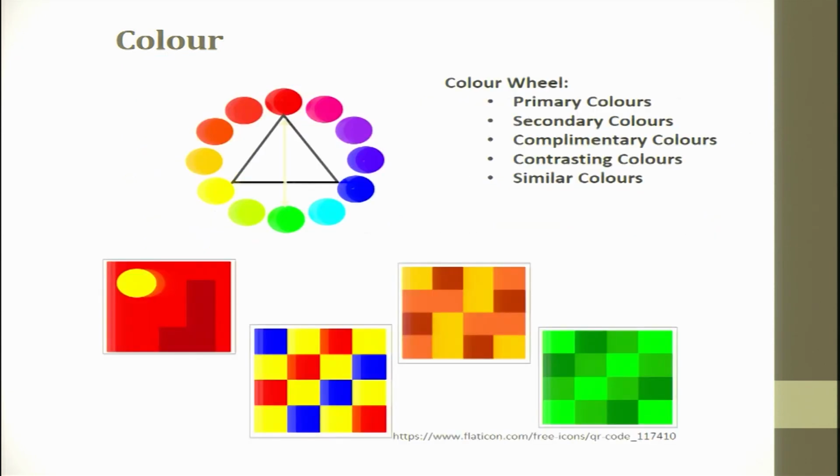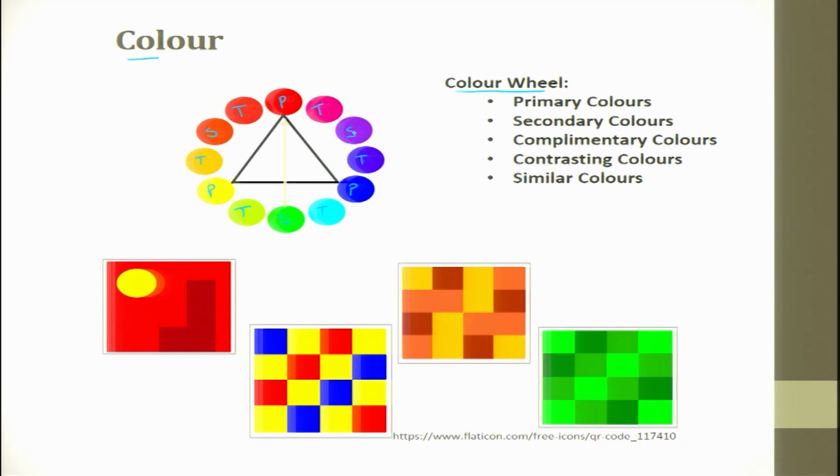So, when we talk about colors, the important thing is the color wheel. In the color wheel, these are the primary colors, and the next one will be a tertiary color, then a secondary color, then a tertiary color, and so on, in the order tertiary, secondary, tertiary, then primary again. These are the primary colors, and these are the secondary colors.